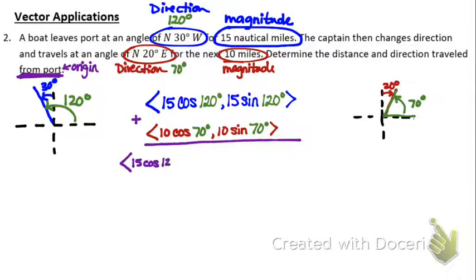15 cosine 120 plus 10 cosine 70. That's the x part of my component form. For the y part, 15 sine 120 plus 10 sine 70.